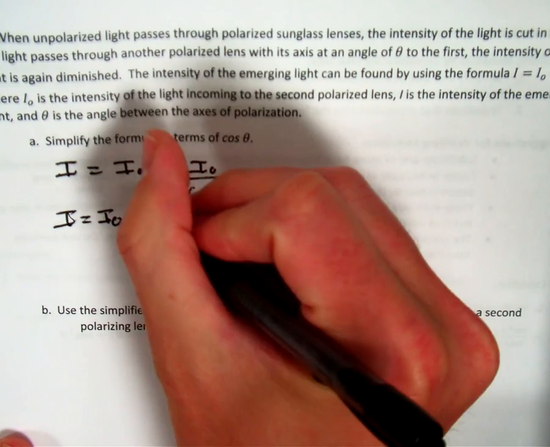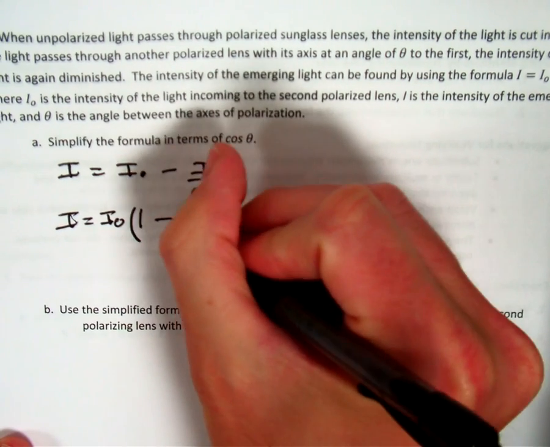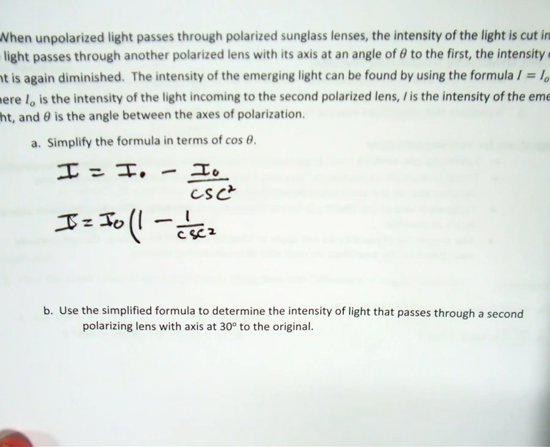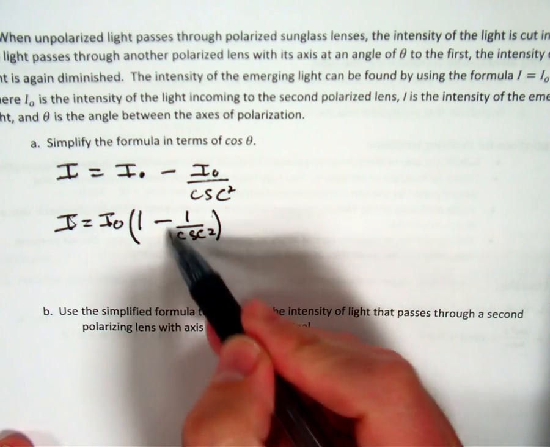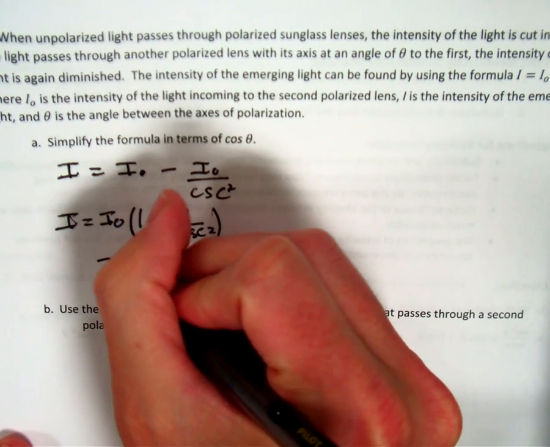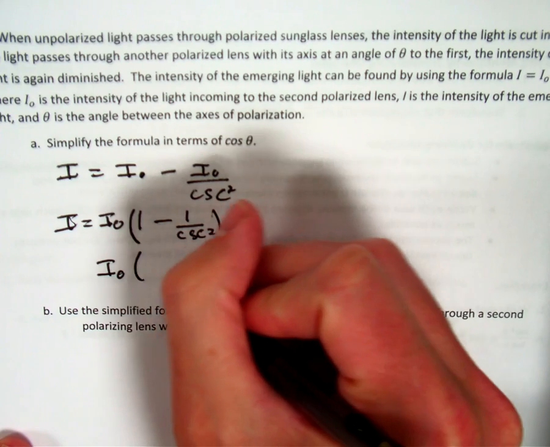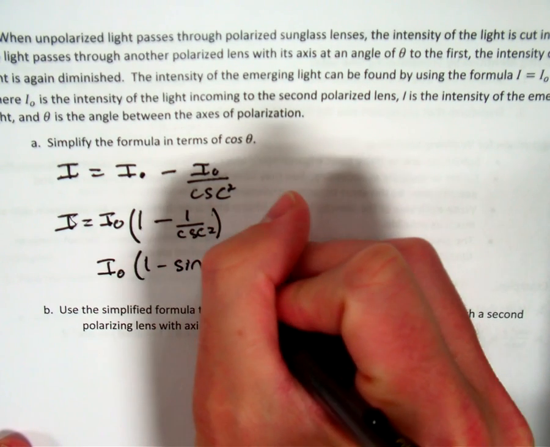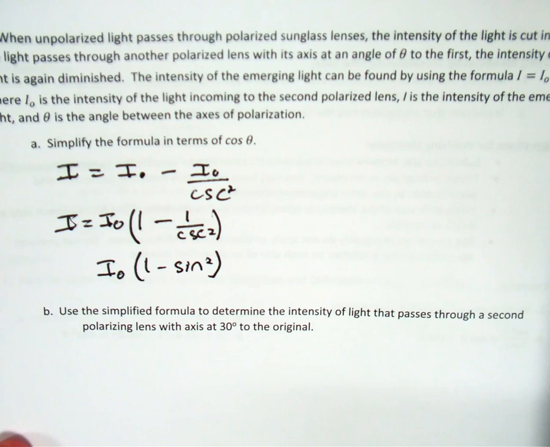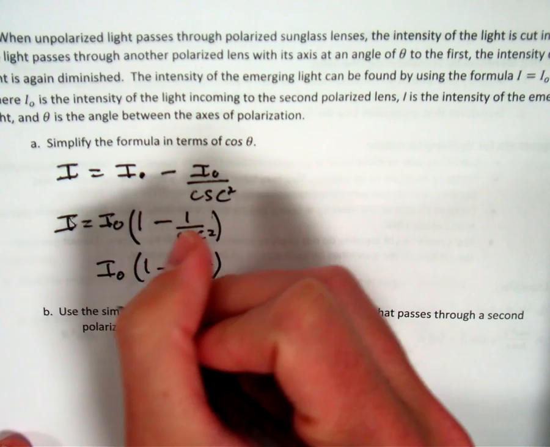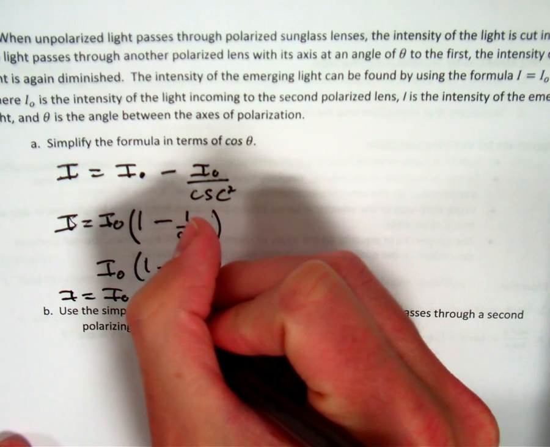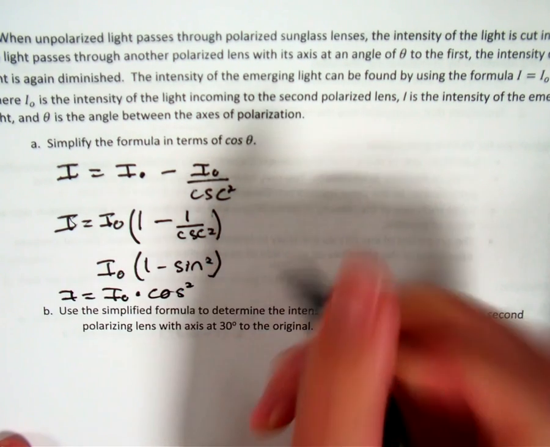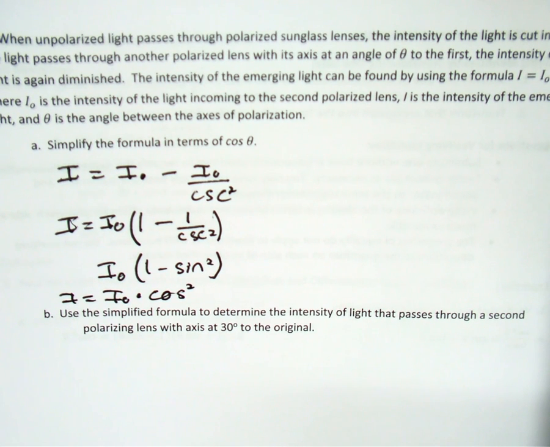So if I take an I0 out in front, that's 1 minus 1 over cosecant squared. Okay, 1 over cosecant squared is sine squared. 1 minus sine squared is cosine squared. And there we are.